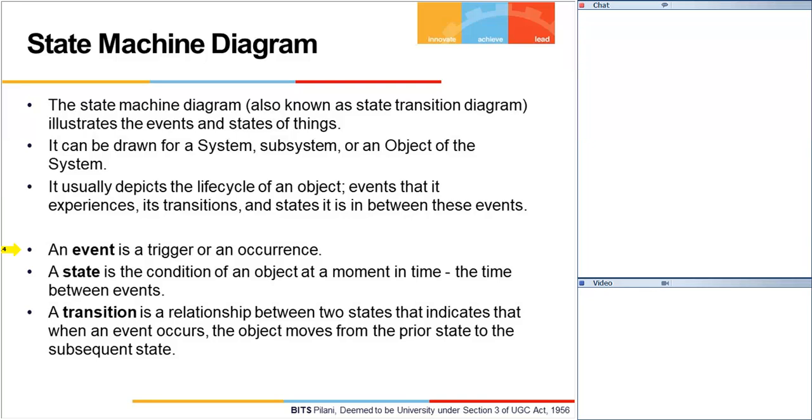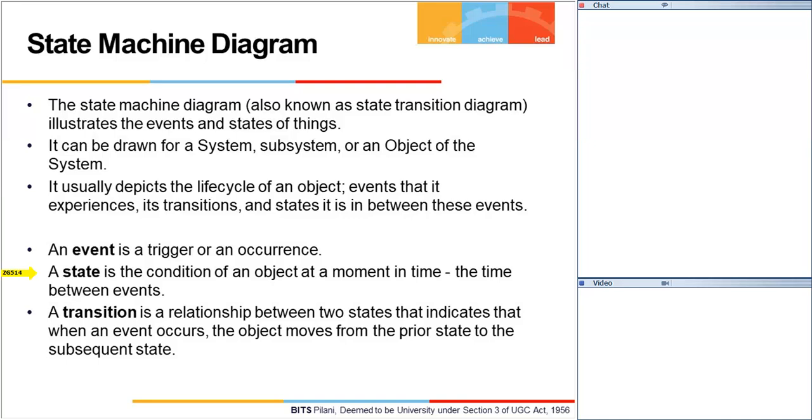So the state transition diagram consists of an event, which is a trigger or an occurrence, right? Whenever an event occurs, it triggers some transition, and the system or the object moves from one state to another, right? What's a state? A state can be described as a condition of an object at any moment in time.